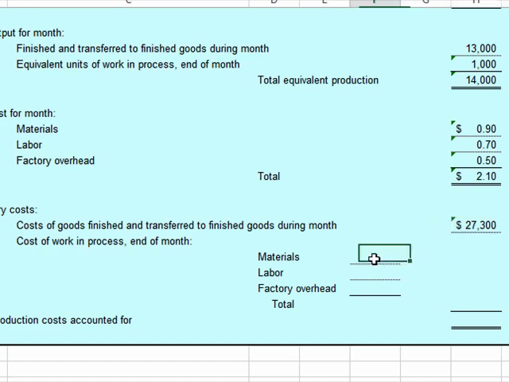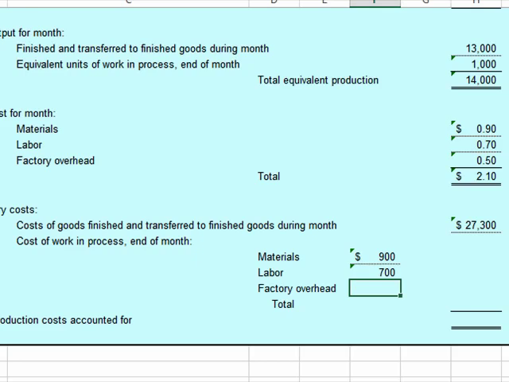Then cost of work in process at the end of the month. Well, how many units did we have in work in process at the end of the month, or how many equivalent units? That's going to be our 1,000 up here, so we're going to say it's equal to our 1,000 units times the unit cost for materials. And then labor, again, equal to the 1,000 units times our unit cost for labor.